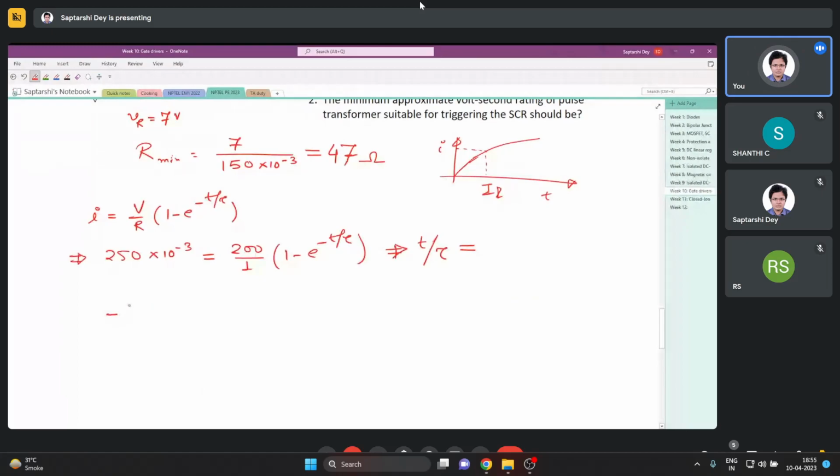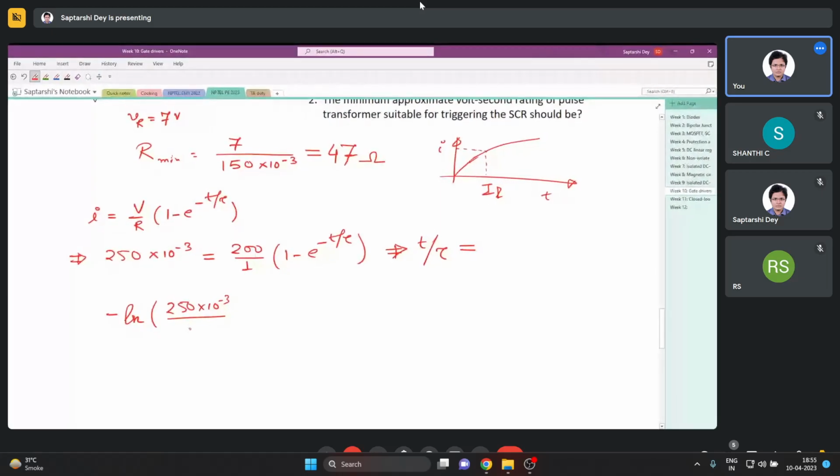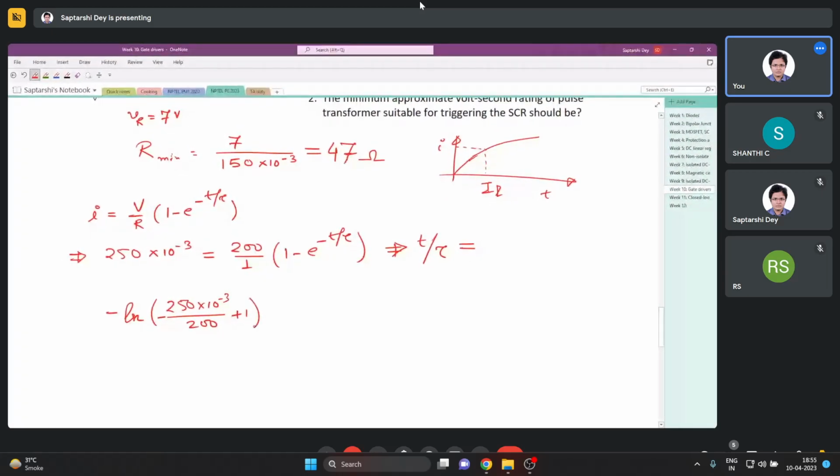T by tau should be this, minus ln. Just evaluate this on your calculator. Do it and tell me the value of T by tau.